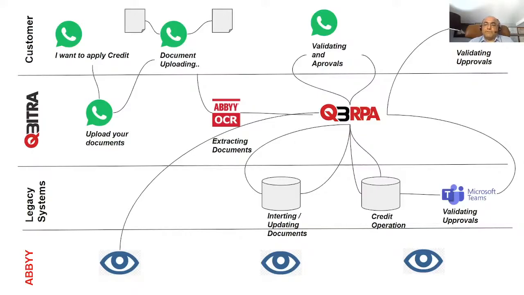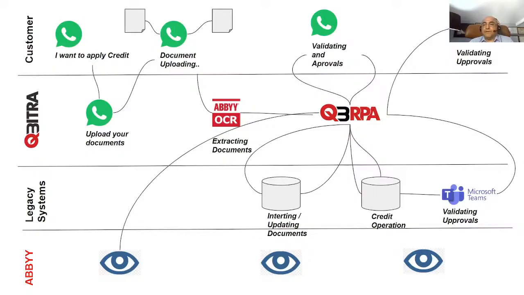After extracting this information, our integration platform connects with some web services from the banking legacy systems, transforms this information, updates the documents, and then validates with the customer, for example, whether these documents are okay, with dynamic communication with customers through WhatsApp.